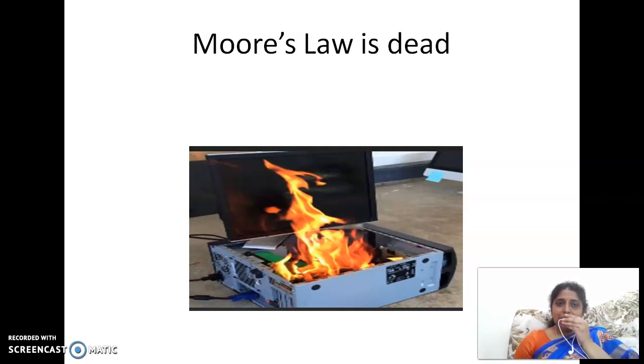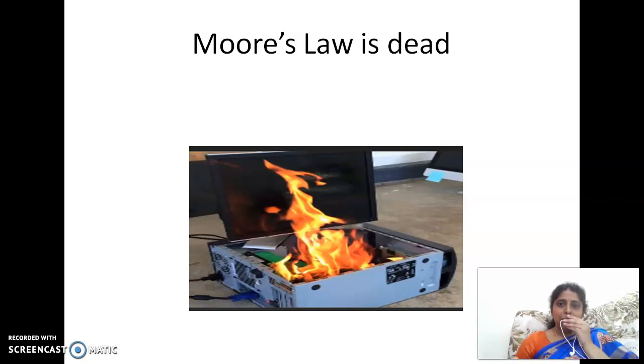Like that, the channel length between the source and drain is becoming small because of the decreasing transistor sizes, and the channel length cannot be smaller than the size of an atom. So that means there is some end to this. That's why some articles are coming.